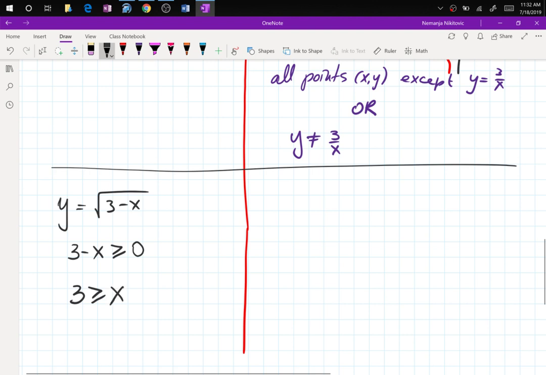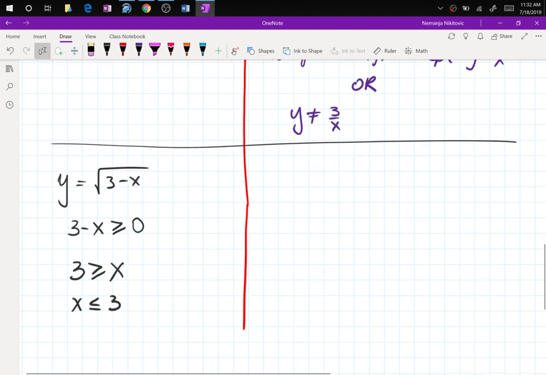You move x to the other side, you get 3 larger or equal than x. And then if Tom is taller than Mark, Mark is shorter than Tom, right? You flip it around, and this is your domain. So for the domain, you are allowed to pick values that are 3 or less. Let's say you pick 2. Would 2 work? Of course, because 3 minus 2 is 1, square root of 1 is 1.